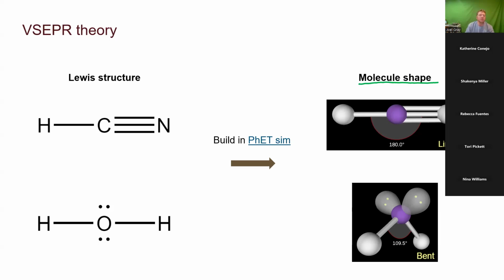But when it comes to designating molecule shape, we only care about our central atom, and we care about the electrons on that central atom. And so we have this designation where our central atom is represented by the symbol A. Could everyone add to the chat the letter that represents our central atom anytime we're doing VSEPR theory?